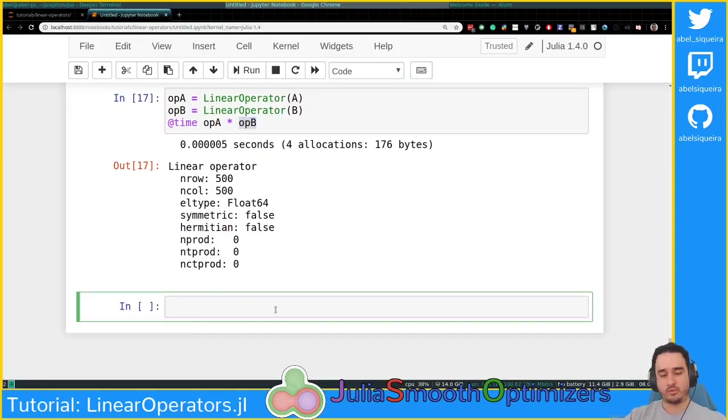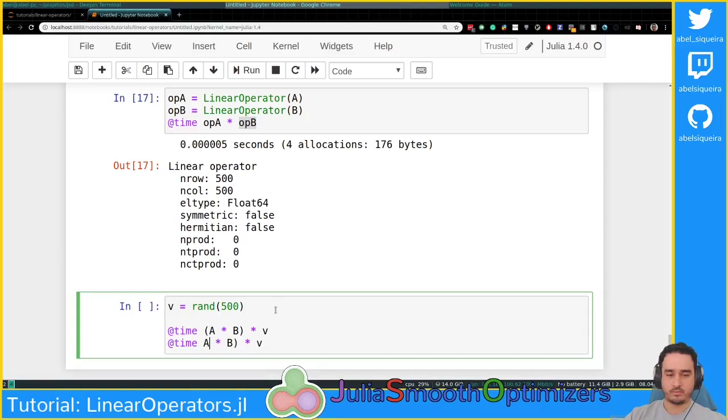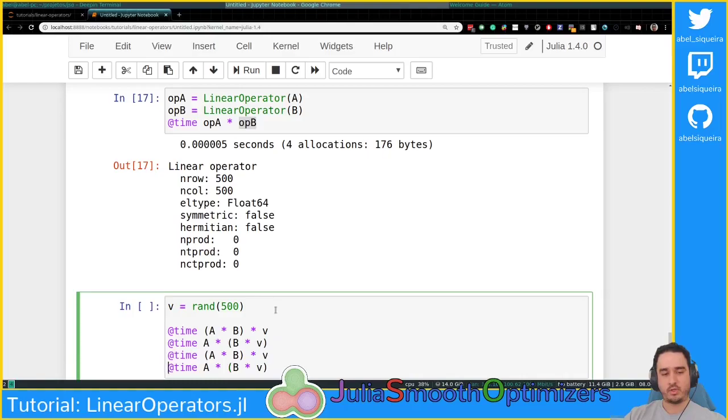What we want to check is how fast are these operations when I compute A times B times V. So this can be interpreted in two ways, and the same for the linear operator.